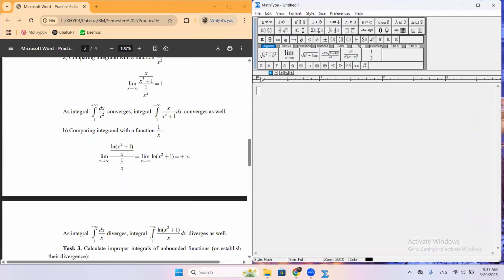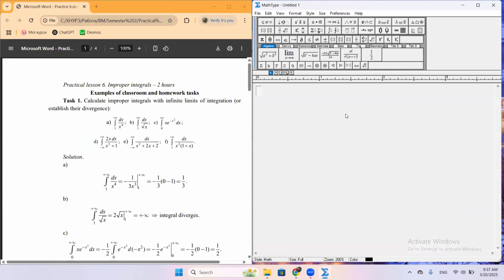So let's start calculating them. So the first exercise, we have to calculate improper integral or establish their divergence.